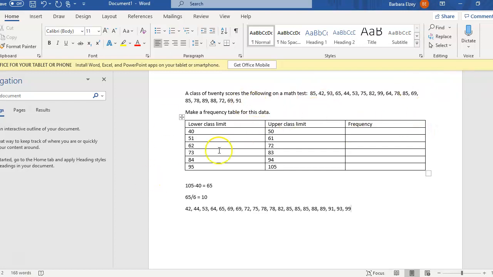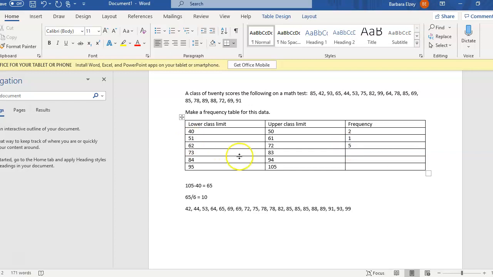All right, so now if I go through and count numbers that are between 40 and 50, well, let's see, 2 of them are, so my frequency here is 2. Numbers between 51 and 61, 64 is not, so just 1. Numbers between 62 and 72, well, there's 1, 2, 3, 4, 5, and we do count 72.